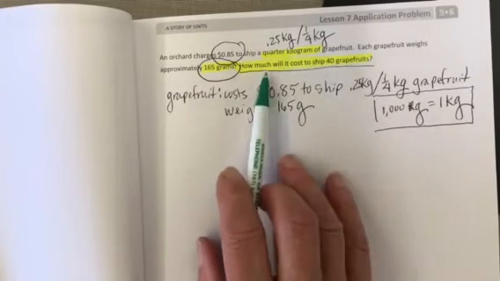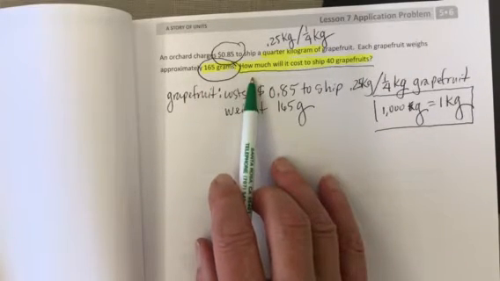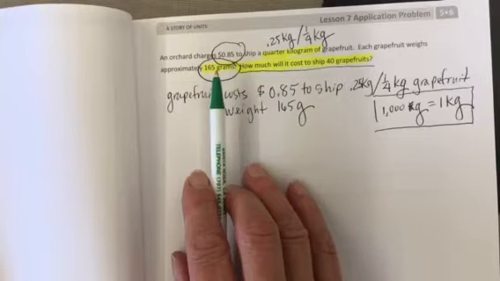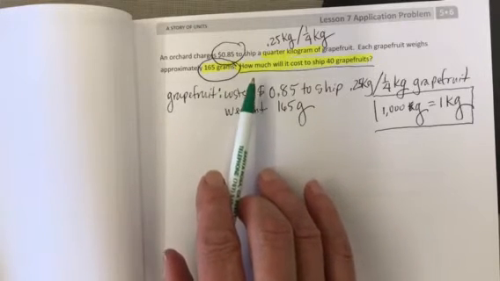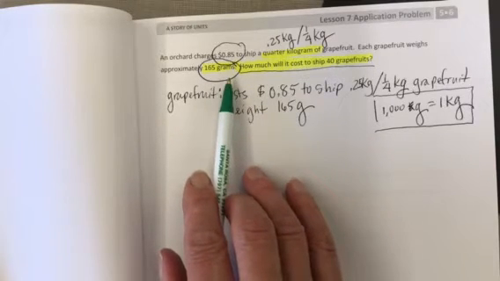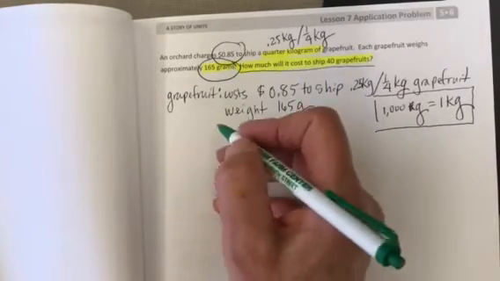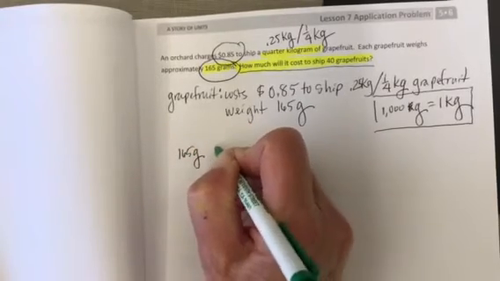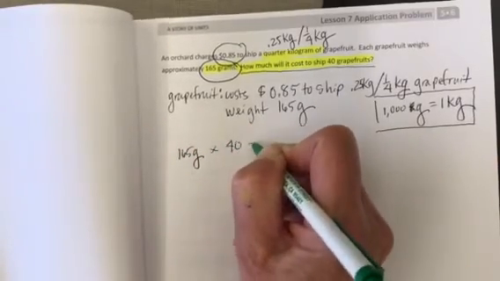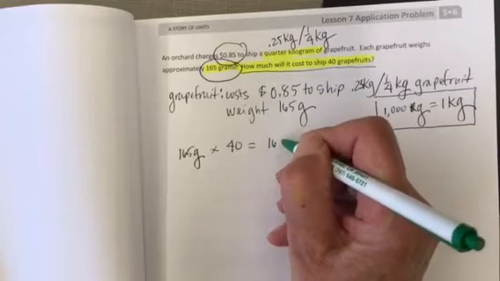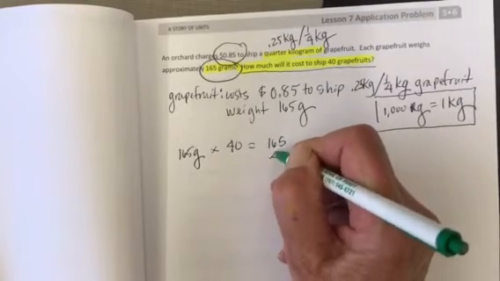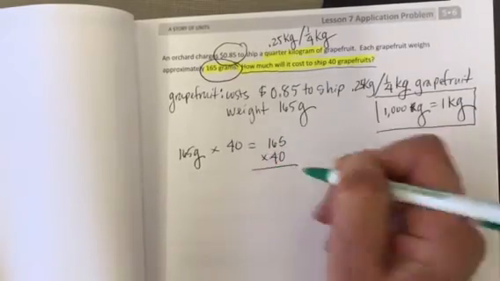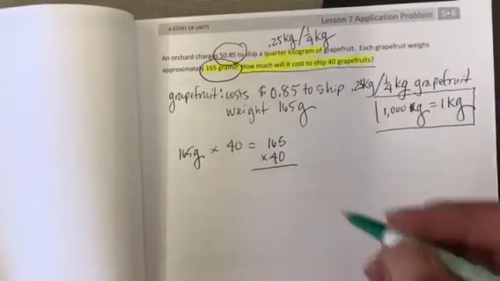First of all, we have to multiply 165 grams by 40 grapefruits. We're going to go 165 grams times 40. You're going to set your problem up like this: 165 times 40. Check your work with a calculator anytime.